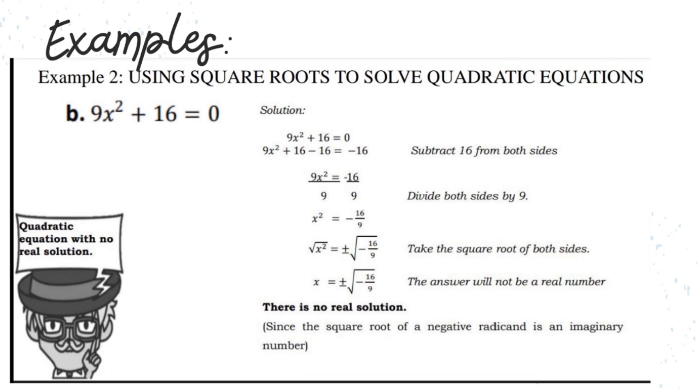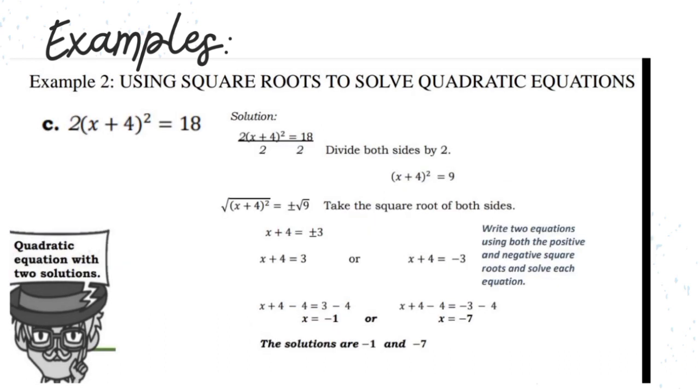As you can observe, the sign inside the radical sign is negative. So when you encounter this situation, it is called a quadratic equation with no real solution, since the value inside the radical sign is negative. And always remember, when you extract square roots, the solution should be positive and negative.